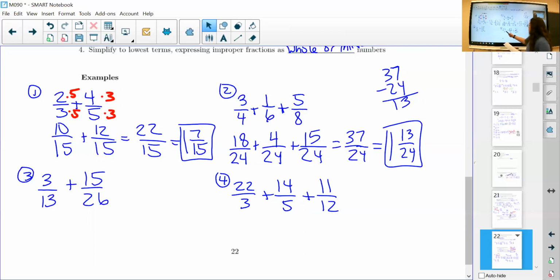The least common multiple of 3, 5, and 12 is the same as the least common multiple of 5 and 12. Because if 12 goes into it, well, of course 3 will. I don't need to worry about that part. So, little hint, if you have a situation like that, and we could have done that up here too. 4 goes into 8. So I really just needed the least common multiple of 6 and 8.